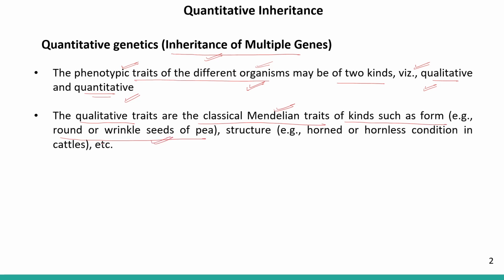We have seen how the round and wrinkled seeds of a pea plant are inherited from one generation to another, and they follow classical Mendelian inheritance, right? Another example is horned and hornless condition in cattle. Some cattle have horns and others are hornless. So how does this occur? These are examples of qualitative traits that follow Mendelian inheritance.